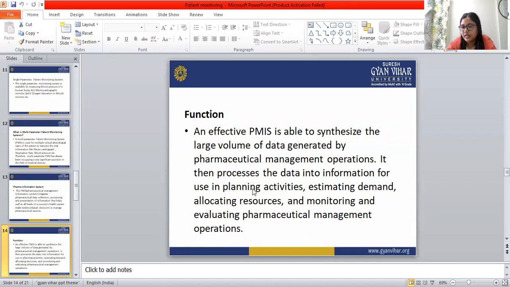How is the information used? The information is used to plan the activities, to estimate the demand, to allocate the resources, and to monitor and evaluate the pharmaceutical management operations. So these are the functions of the pharmaceutical management information system.